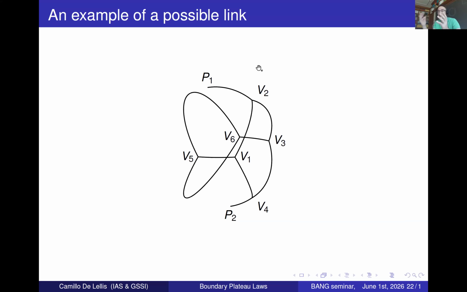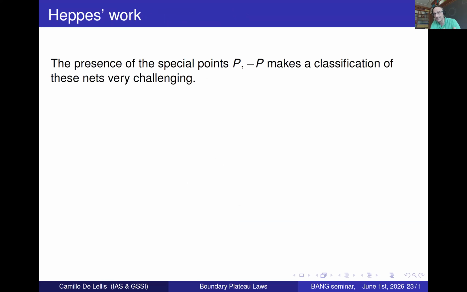And so you really have a geodesic net where any vertex has degree 3, and all of the edges are coming over there at 120 degrees. So points P1 and P2 would be absent. Now, it's actually the presence of these 2 points, P1 and P2, or P and minus P, which makes our theorem extremely challenging, and is why it takes us so long to prove it.